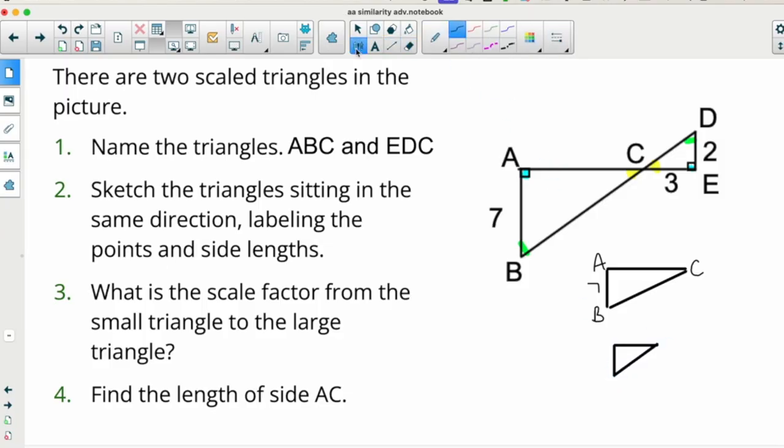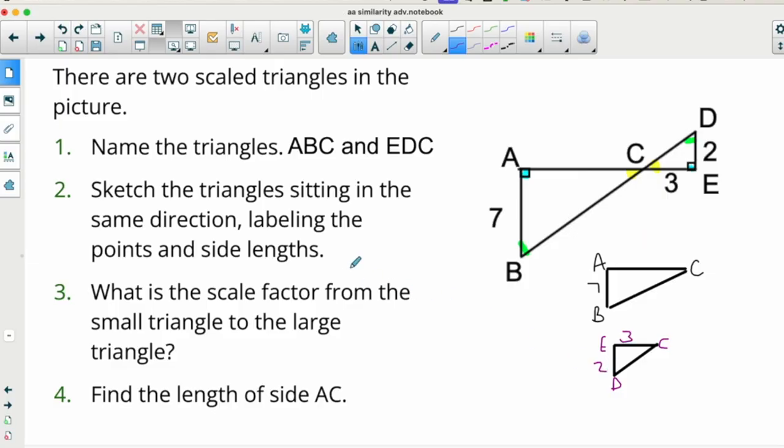All right, so now I need to label the sides of my little triangle. Well, the right angle is E, so that's the one I'm going to go for first. And then the hypotenuse, the diagonal line, goes from D to C. So this is C and this is D, because DE and CE make up the right angle. And we know that CE is 3 and DE is 2.